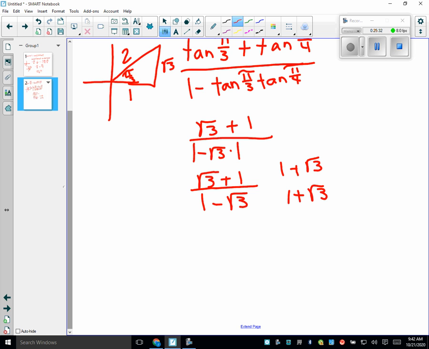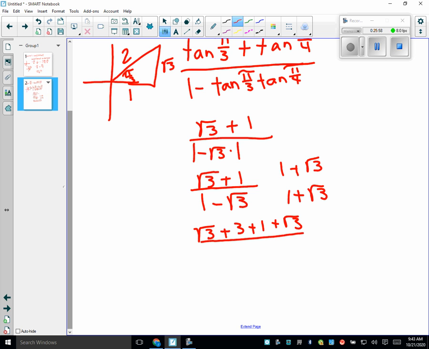So this is what I multiply: radical 3 plus 1 over 1 minus radical 3, times 1 plus radical 3 over 1 plus radical 3. So on top, don't I have radical 3 plus 3 plus 1 plus radical 3?